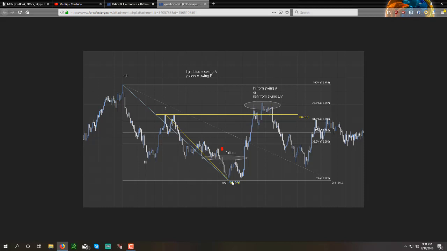I think I'm going to combine the two so that we can define our roadmap, and then define the routes that are more applicable to the swings that we're looking for.